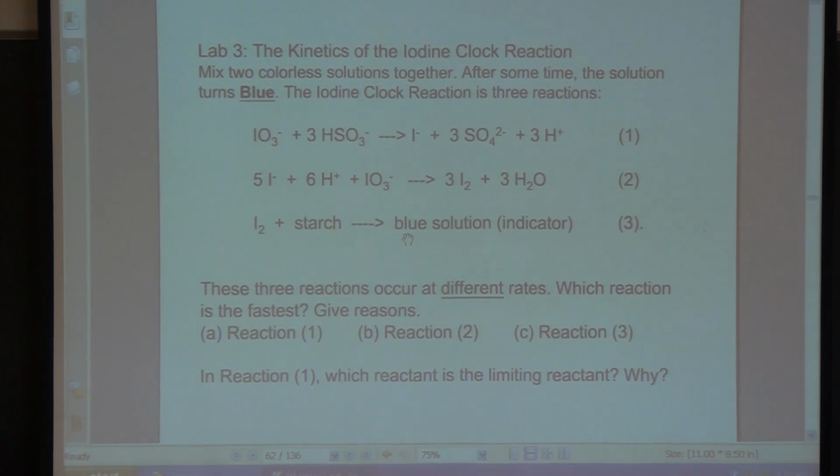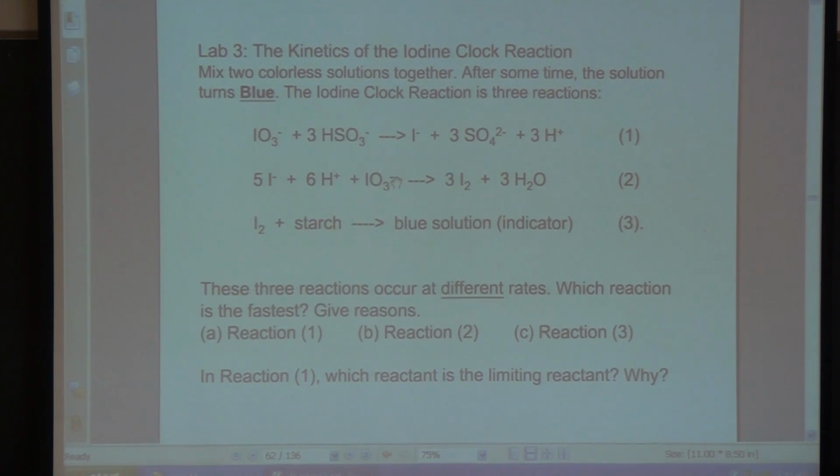To help you answer that question, know what's happening. In reaction 1, IO3 minus reacts with HSO3 minus. That produces I minus. In reaction 2, this I minus comes from where? Yeah, that comes from the product of reaction 1. So in reaction 2, the I minus, which comes from reaction 1, reacts with IO3 minus.